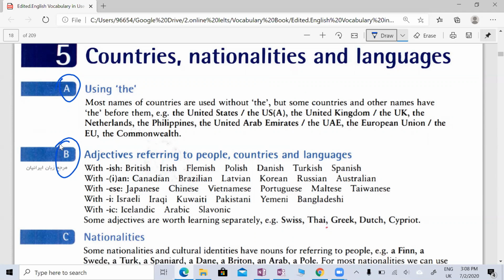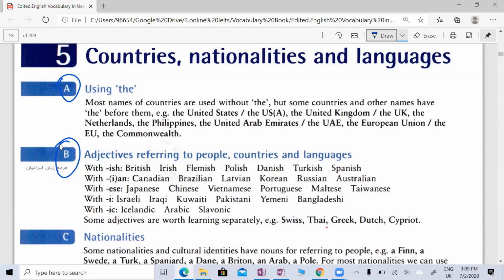Irish, Flemish, Polish, Danish, Turkish, Spanish. These are like the languages, like Spanish is a language, okay? Turkish is a language. Next one with IAN, like Canada, Canadian, Brazilian, Latvian, Korean, Russian, Australian. Then we come with ESE, like Japanese, Chinese, Vietnamese, Portuguese, Maltese, Taiwanese.